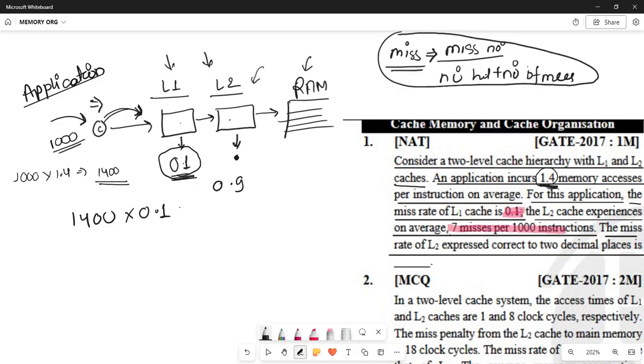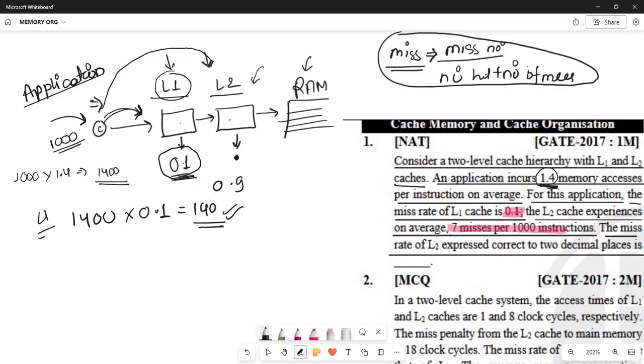So only 140 will not be found in cache L1. Only 140 will not be found in cache L1. So in this case, the CPU will go to cache L2.